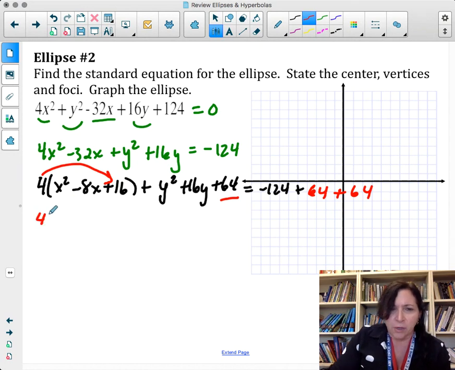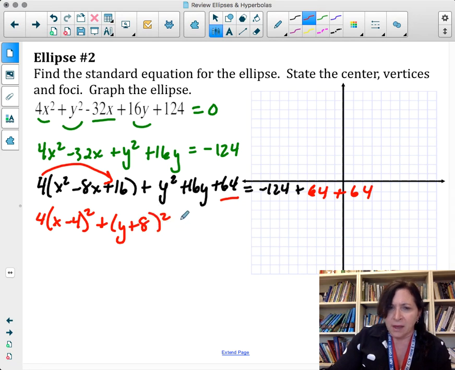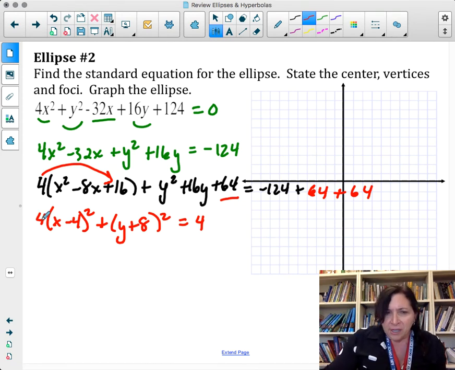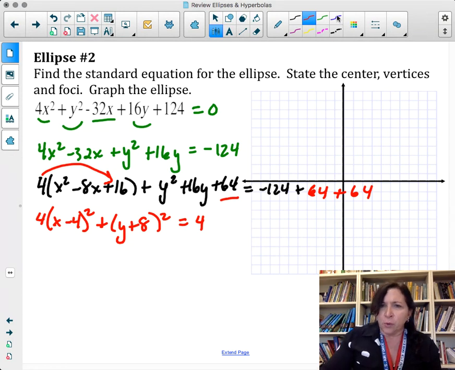So let's see, we have 4 times the quantity, let's factor, x minus 4, quantity squared, plus y plus 8, quantity squared, is equal to 4. If this 4 wasn't here in the front, that would actually be a circle, right? But because the 4 is there, I do need to put this in standard form.